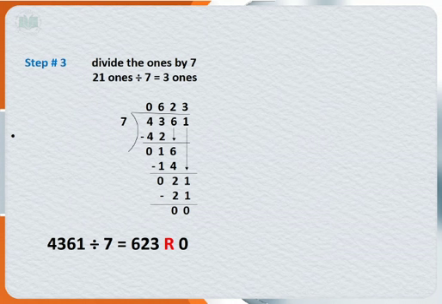In step number 3, we divide 21 ones by 7 and get 3 ones with no remainder, because 7 3s are 21. At the end, we see when we divide 4361 by 7, we get quotient 623 and remainder is 0.